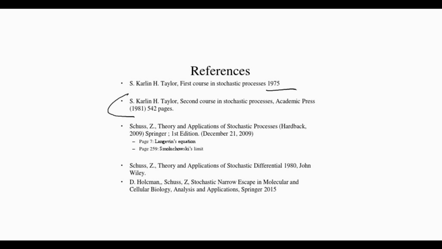The higher dimension can be found in the book of Schuss, 2009. And we also have a specific chapter in the new book, Stochastic Narrow Escape in Molecular and Cellular Biology: Analysis and Applications, 2005, where I give the entire calculation for the case of the annulus and the escape through a small hole.